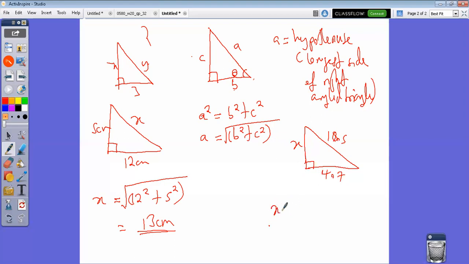So to find that x here, I square the longest side, which is 18.5 squared, minus 4.7 squared, like this. Then we do the square root. Are we together? Use your calculators, then you find the square root. Quickly use your calculators.